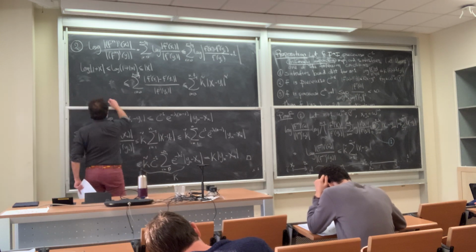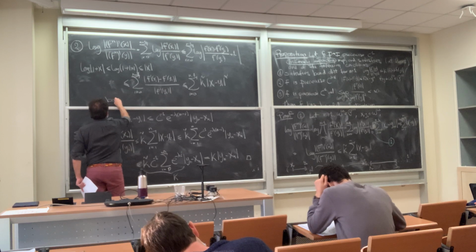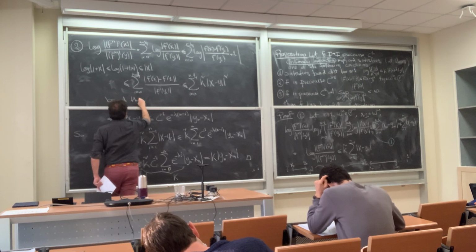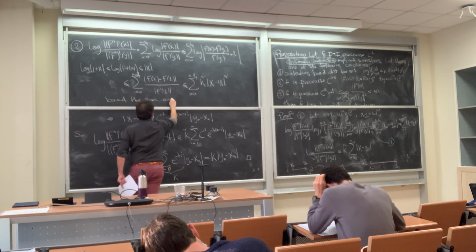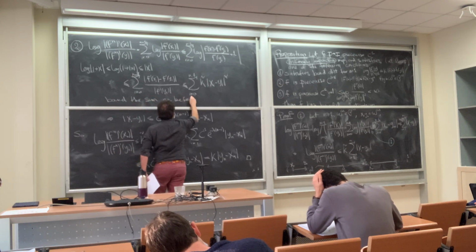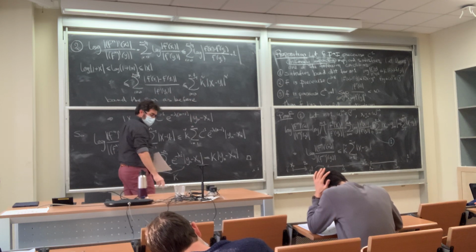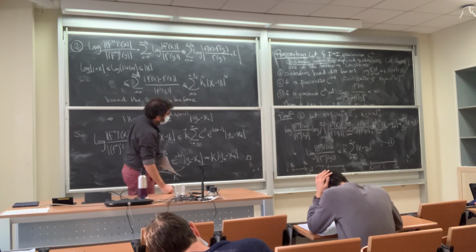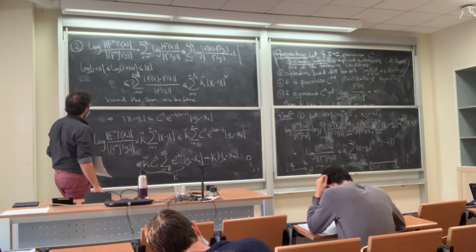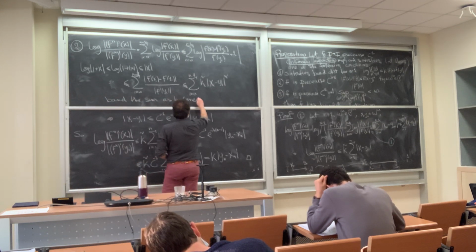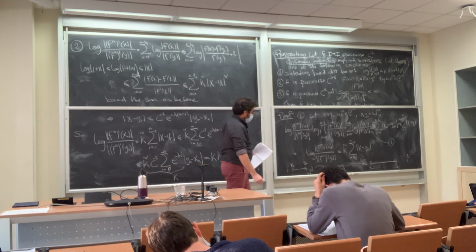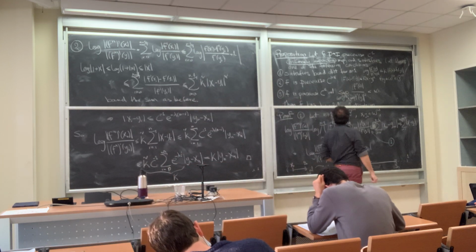Then proceed as before and bound the sum as before. Okay, so this is the piecewise C1 plus alpha.